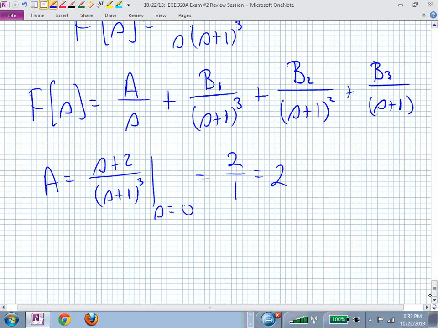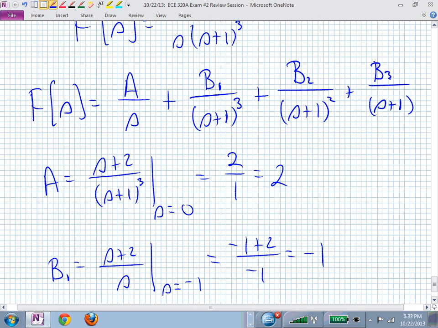And we can find B1 as quick. That's now S plus 2. We've now multiplied both sides through by S plus 1 quantity cubed, so the only thing left in the denominator is the S. And at what value of S do I evaluate? Minus 1, which is the value of S that causes the S plus 1 factor to vanish. Now I have minus 1 plus 2 over minus 1, minus 1.